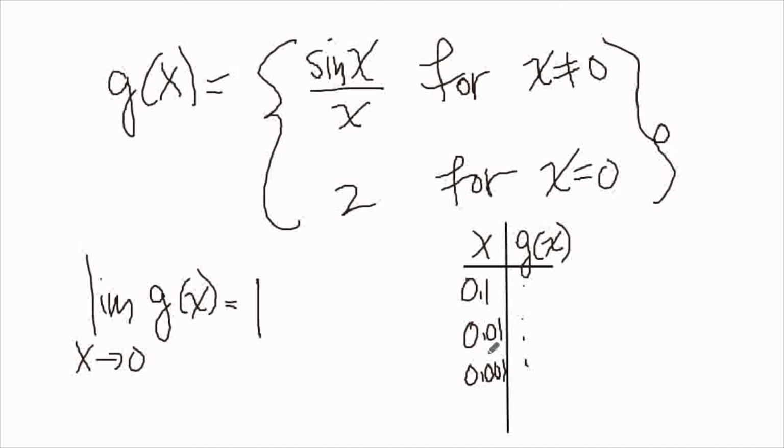Okay, so as long as you never plug in 0, you're only allowed to look at what happens as you get close to 0. As you go down the second column, it's getting closer to 1. You say, well, but it's not equal to 1 at the destination. Yes, that's my point. We don't care what happens at the destination. The limit only cares what happens as you approach the destination. Okay? So think about that. That's a very important point.